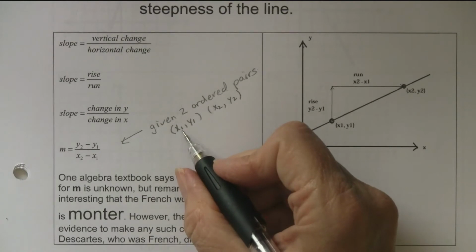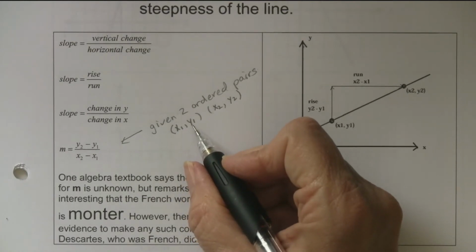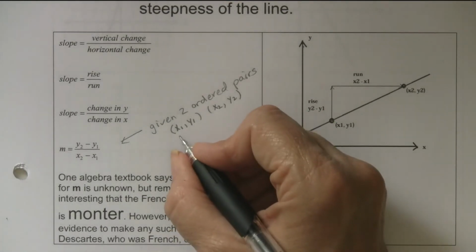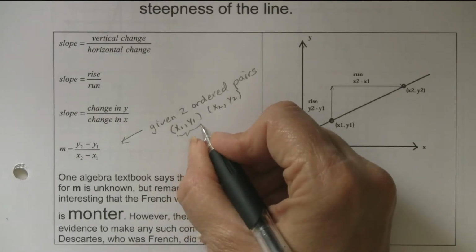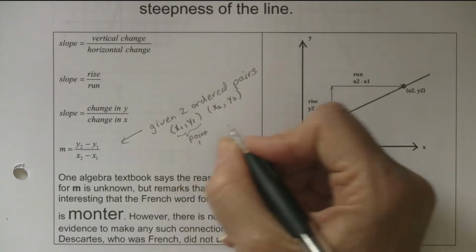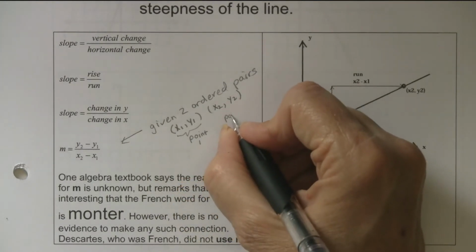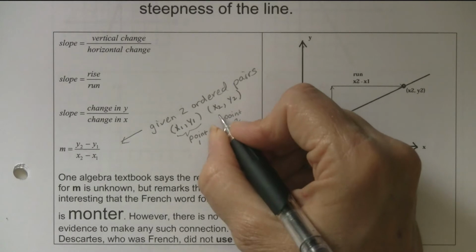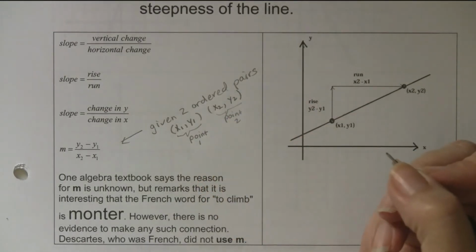This is the x coordinate of point 1, and this is the y coordinate of point 1. The little subscript ones are just telling people this is point 1 as a label, and this is point 2 as a label.